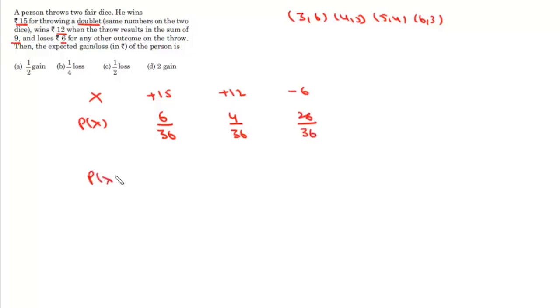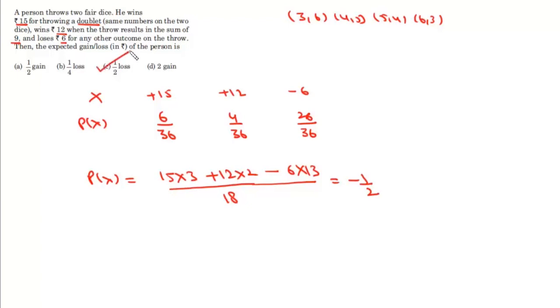Now the expected value of x will be 15 into 3 plus 12 into 2 minus 6 into 13, whole divided by 18, which is minus 1 by 2. So the expected gain of this person is minus 1 by 2, a loss.